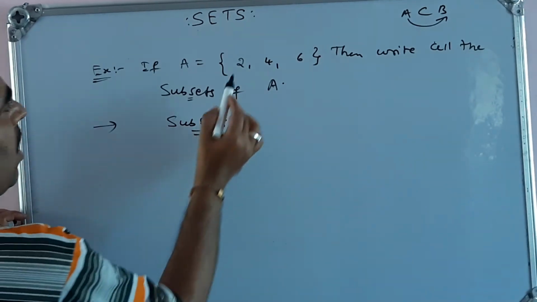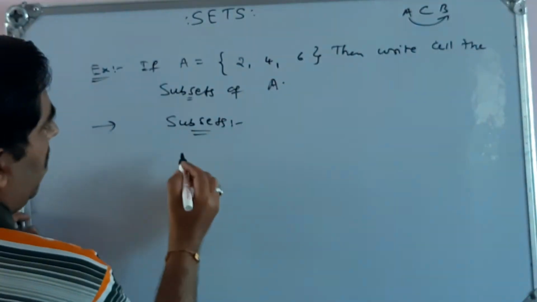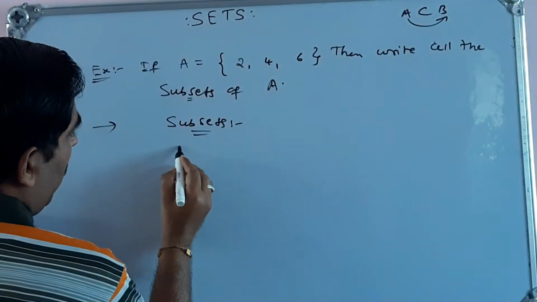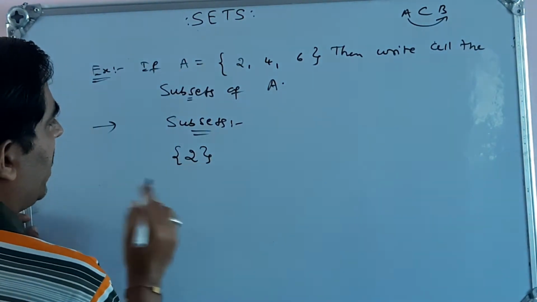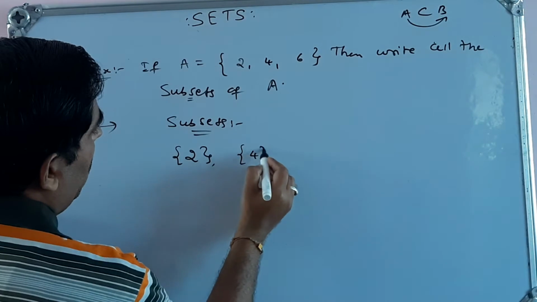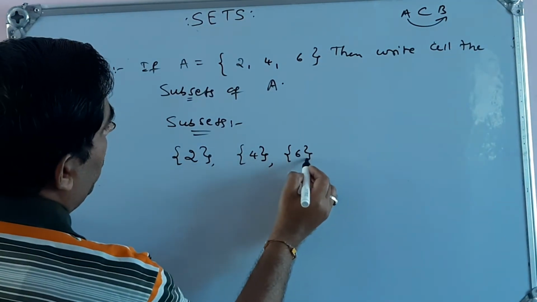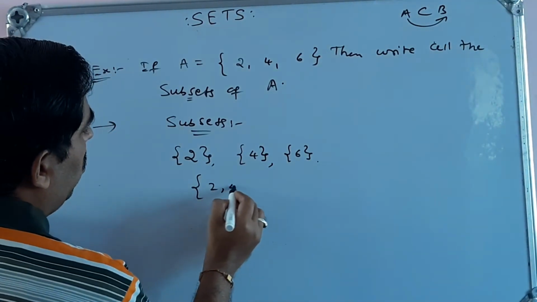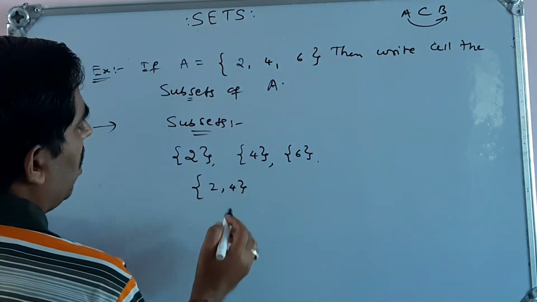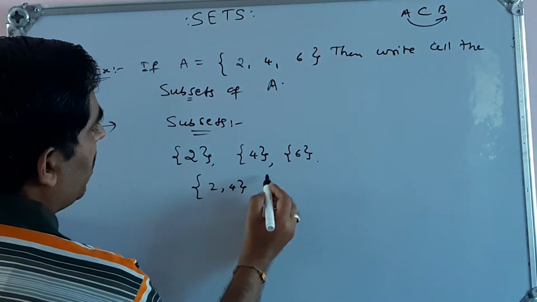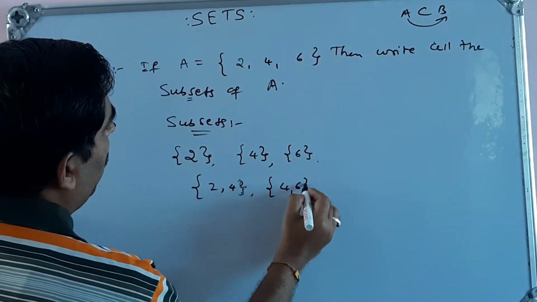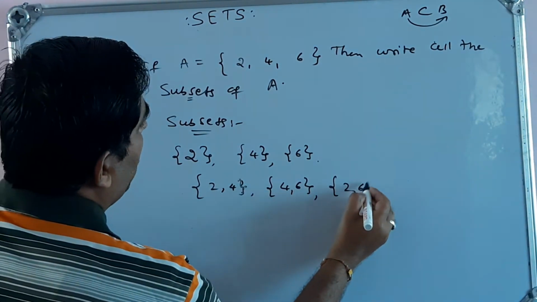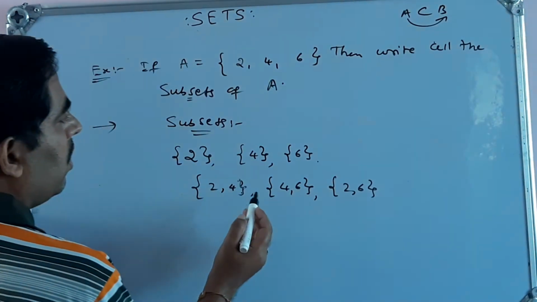So what are the subsets here? Let me write the subsets. See, 2. So 2 belongs to A, therefore I can write this set. So this is one set, then another set I can write 4, then 6, okay, then 2, 4. 2 and 4 belong to A, I can write this, then I can write 4, 6, then I can write 2, 6, okay.